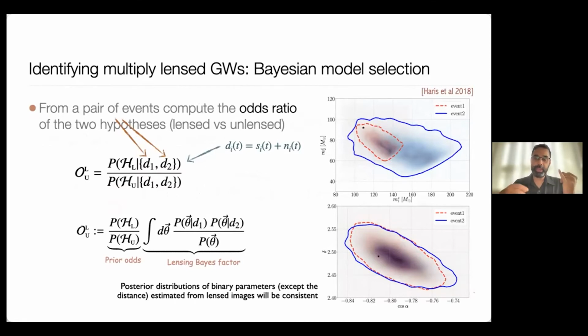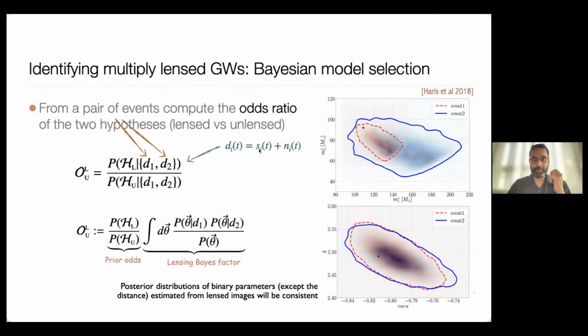One is that these two signals are produced by the strong lensing of the same merger signal. The second hypothesis is that they are produced by two different mergers. One can write down this Bayesian odds ratio.